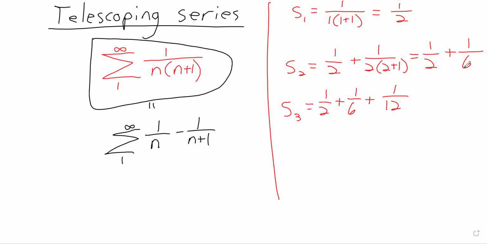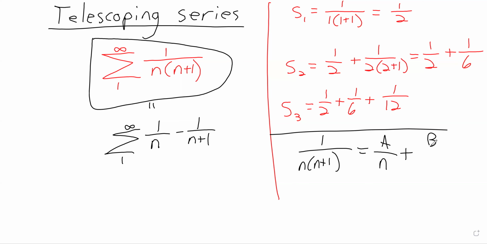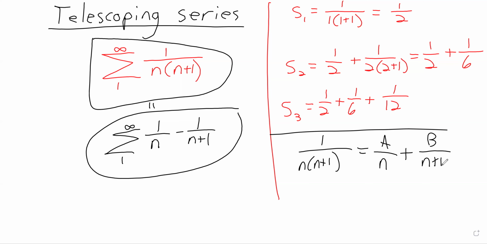I'm not doing the details on the board, but partial fraction decomposition says that if we have the denominator factored like that, we can write it as that sum, and when we write it as this sum, this is what we get. And it might not seem like that's an improvement.